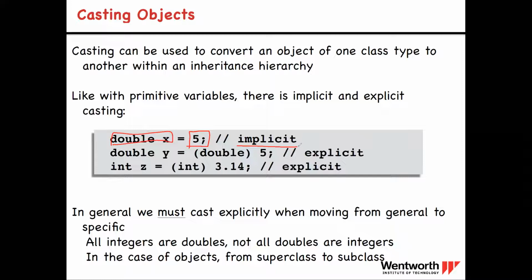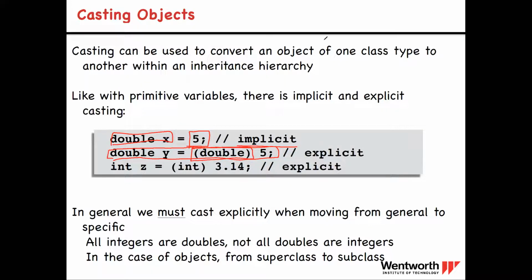Java does this for you. You don't have to do anything. If you wanted to explicitly do this, the second line will give you the same result, but this is effectively what Java is doing for you. You don't have to write the parentheses double, but Java is doing it for you in this case.